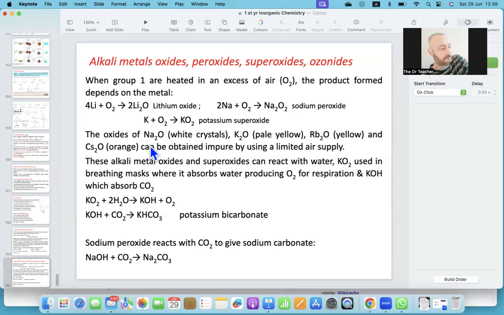So the oxides are white crystals, here pale yellow, rubidium yellow oxide, cesium orange, which can be obtained impure by using a limited air supply.